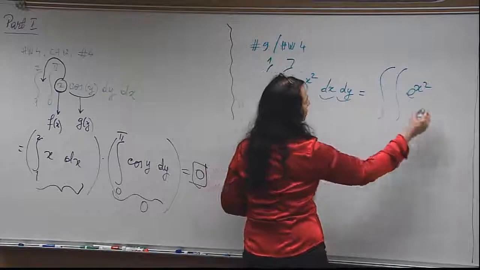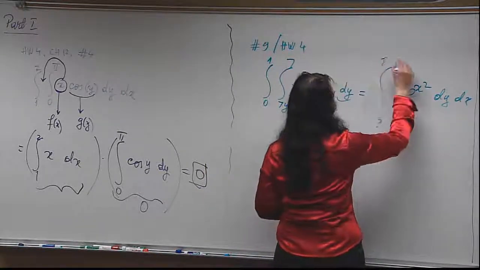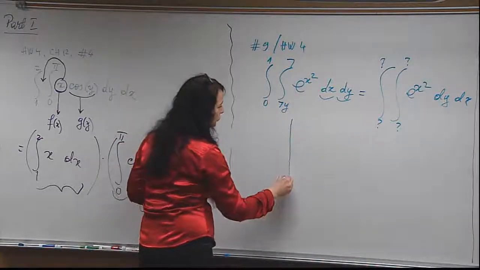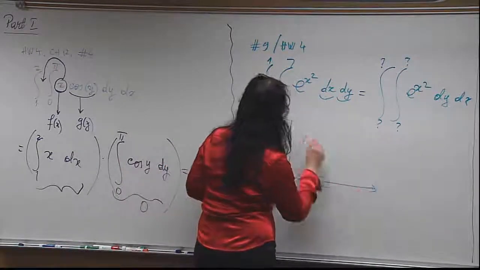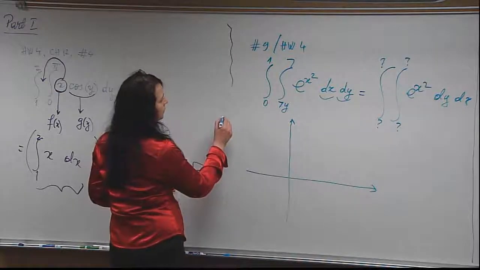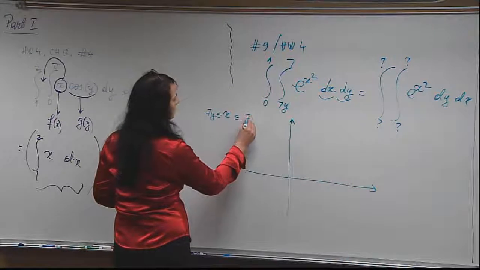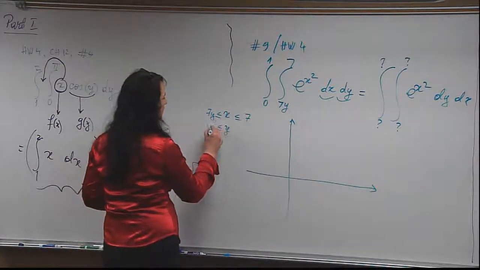These two guys are swapped, and the endpoints are changing completely because I will have to switch from one domain to the other domain. The domain that's given here by this problem is the following. x is between 7y and 7, and y is between 0 and 1.